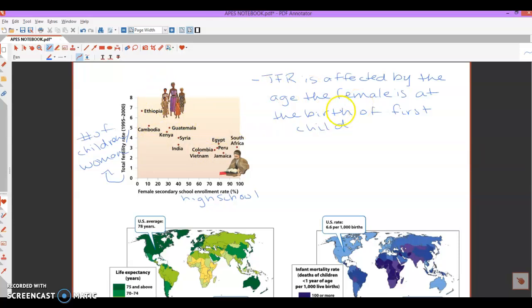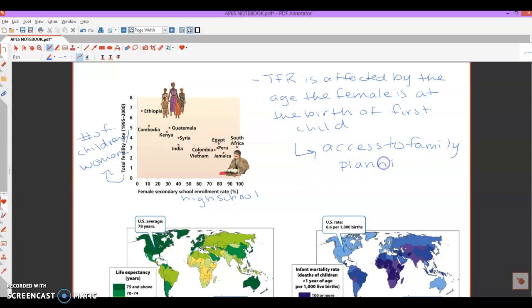So we know that the TFR is affected by the age the female is at the birth of their first child. We know that if there is access to family planning or birth control, the fertility rates are going to go down.